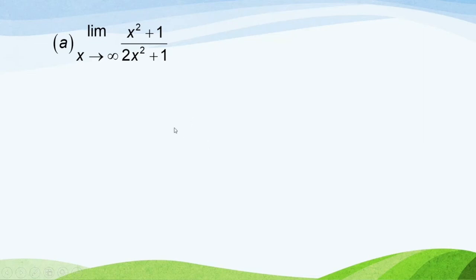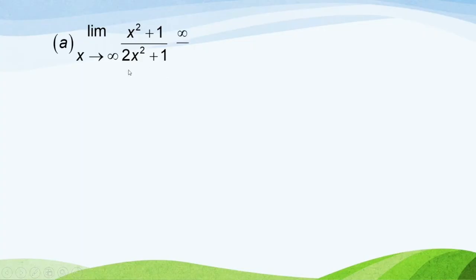For question A, the limit of x squared plus 1 over 2x squared plus 1 when x approaches infinity. When we substitute infinity in the numerator, we get infinity squared plus 1, and the answer is infinity.